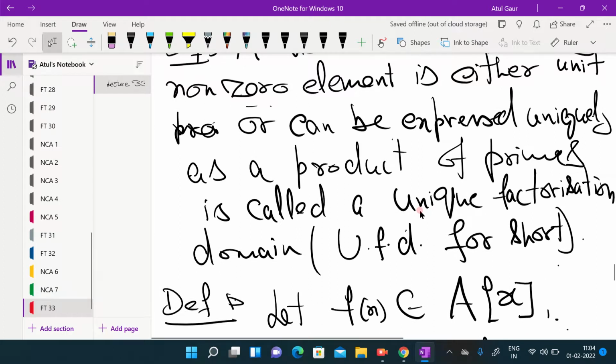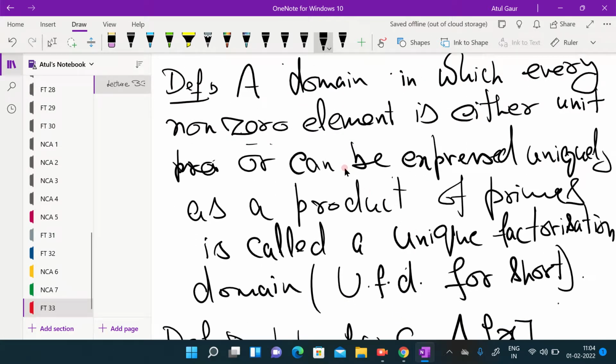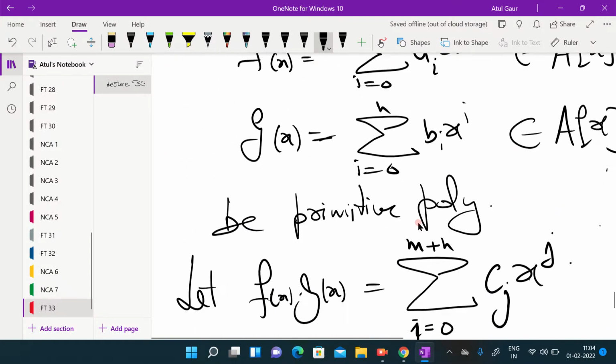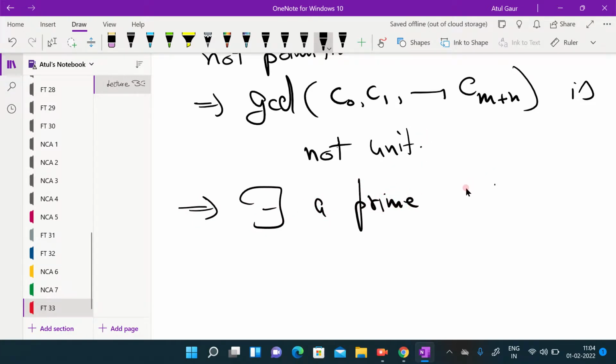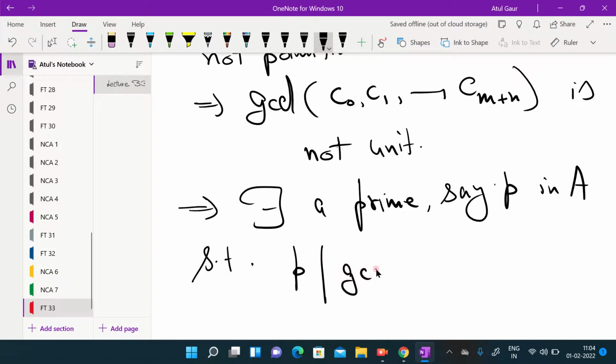Okay, तो non-zero element है तो या तो unit होना चाहिए, अगर unit नहीं है तो can be expressed as a product of primes. So that means at least you have some prime which divides this. अगर product of primes है तो एक prime तो होगा जो इसको divide करेगा. So there exists a prime p in A such that p divides the GCD.